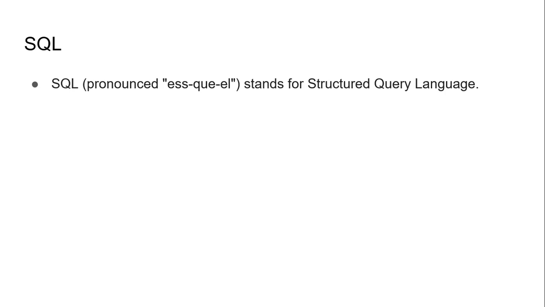Likewise, if you want to interact with the database, we can use SQL. It stands for Structured Query Language, and it is used to communicate with the database. If you have heard about programming languages, you may know that a programming language is used to interact or communicate with computers, and SQL is used to communicate with the database.